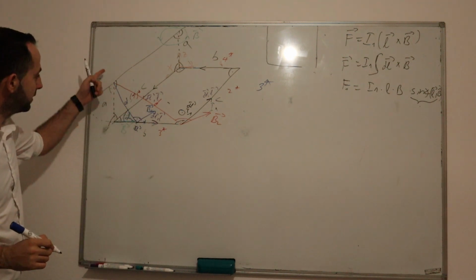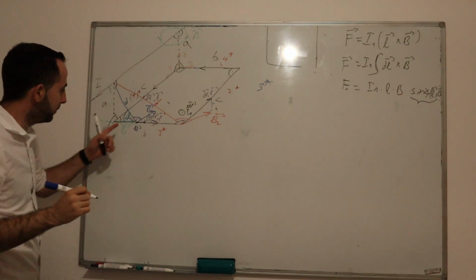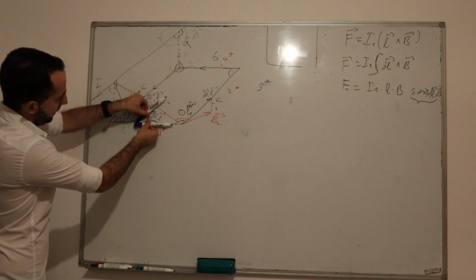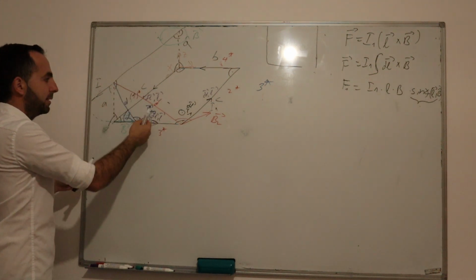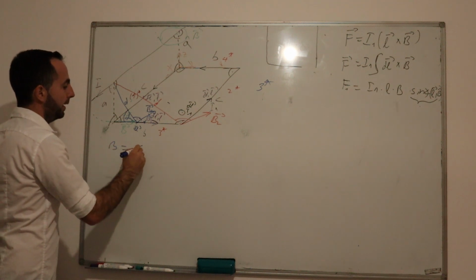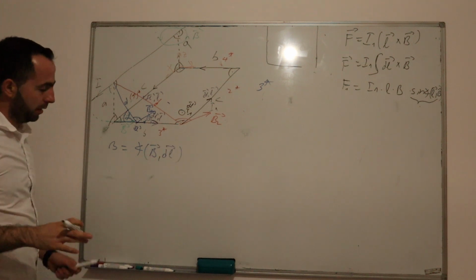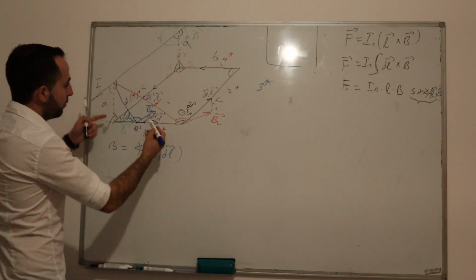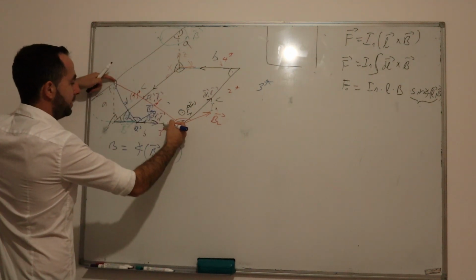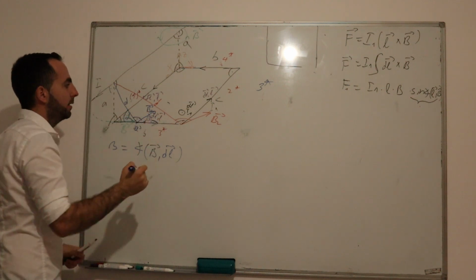The tangent towards this distance has an angle of 90 degrees, which means this is some angle beta, and because dL has this direction and my B, a tangent, has this direction, it means that beta is actually the angle between B and dL. But now what happens? As I'm moving through the conductor here, I have a different distance, a different magnetic field, and I have different angles alpha and beta, etc.